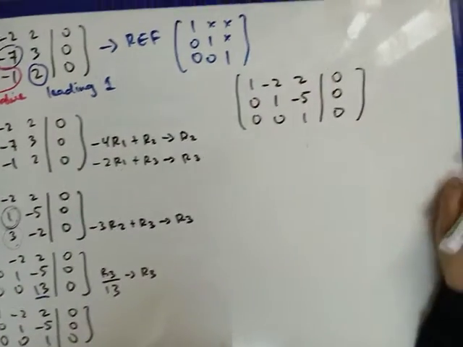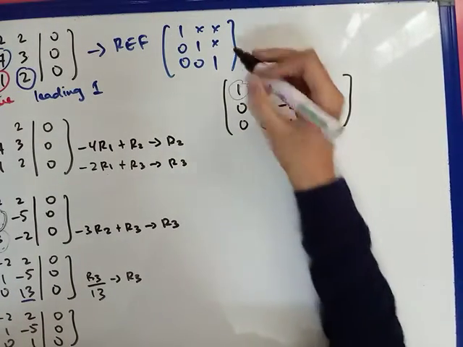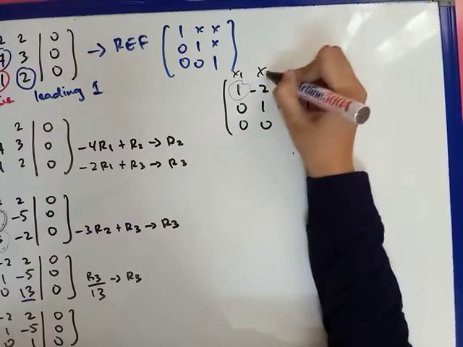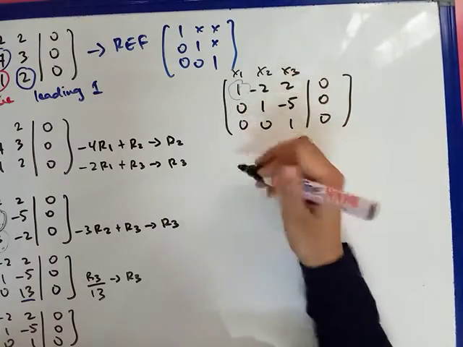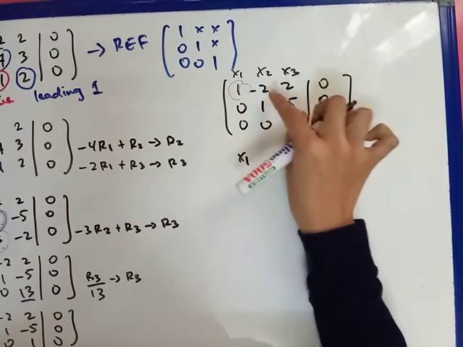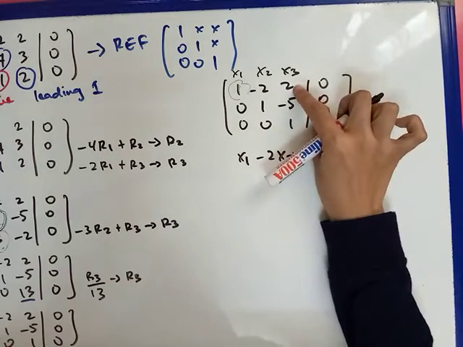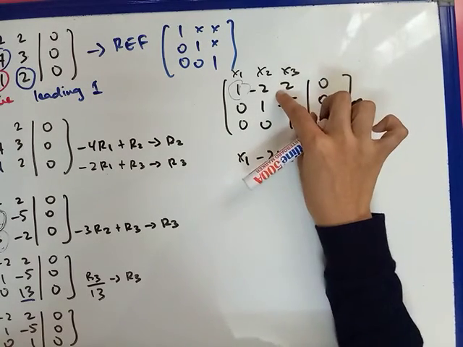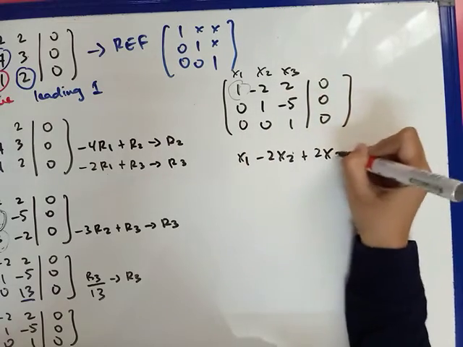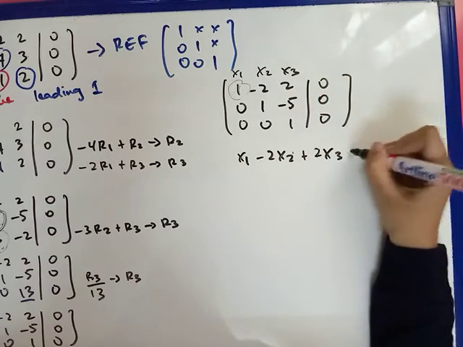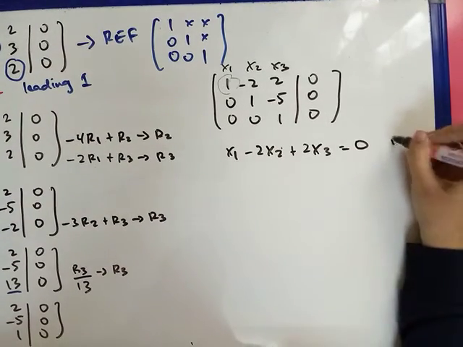So x1, the value is 1. x2, the value is negative 2x2. x3 is positive, so plus 2x3. It is equal to 0. This is the first equation.